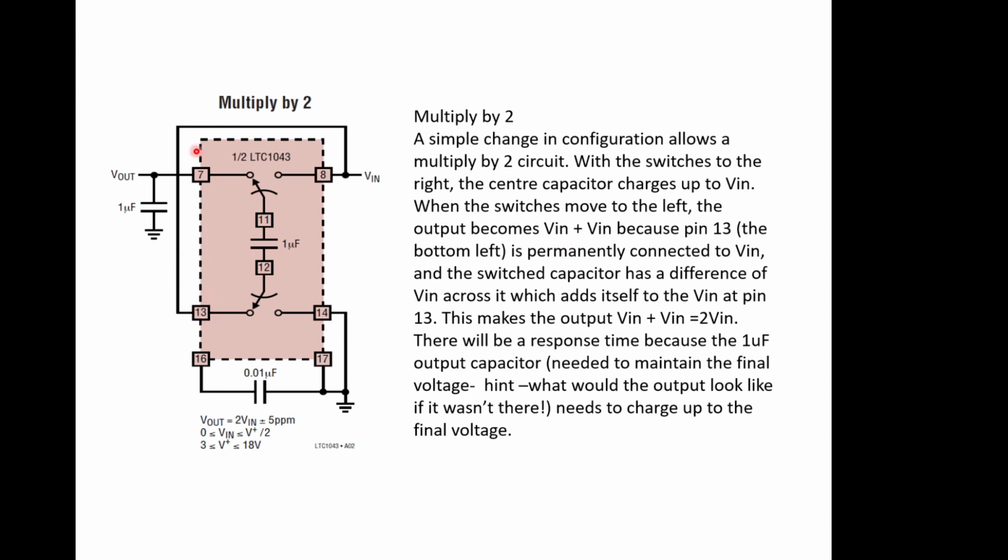Yes, it is, through that wire there. And the switch capacitor itself has a difference of V in across it, which will add itself to the V in. So we end up with a charge pump giving us 2 V in. So we do need an output capacitor on this, which allows us to just hold that voltage while a load is actually taken out. So you can see, just by changing a small connection within this chip, we've now got something that was halving and is now doubling.